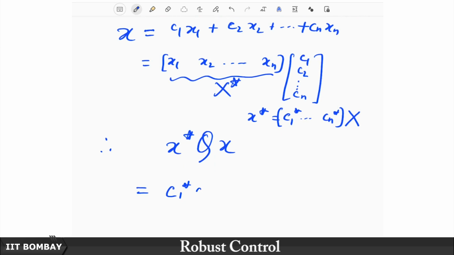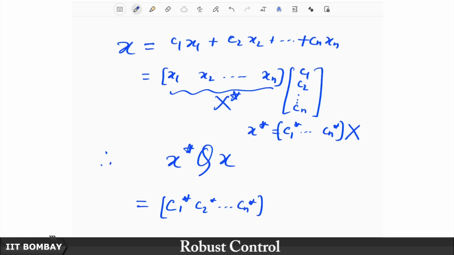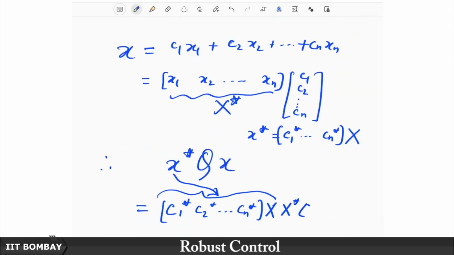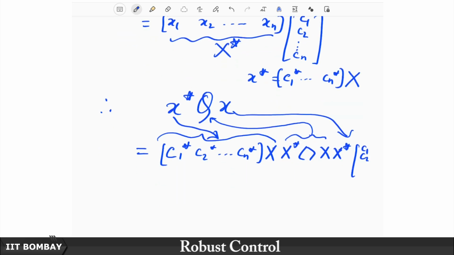So, now I get this C1 star, C2 star dot dot dot till Cn star, yeah, and then x, and then this is basically this part, and then I write down Q as x star lambda x, which is this Q here, and finally this x I can write down as x star C1 C2 dot till Cn, right, which then leads to a similar decomposition.